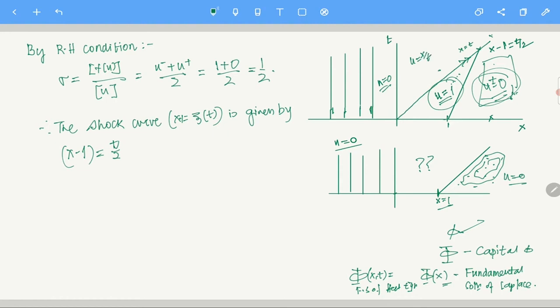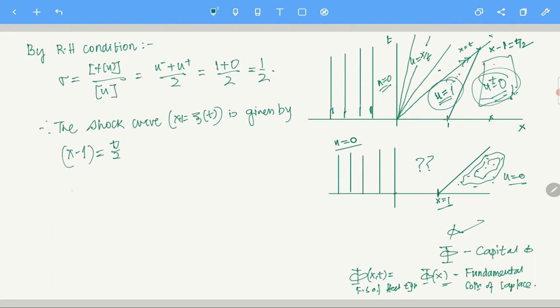So in this area, let me draw it like this, u is given by x by t. I hope this is fine. You remember in the last exercise we also did this.